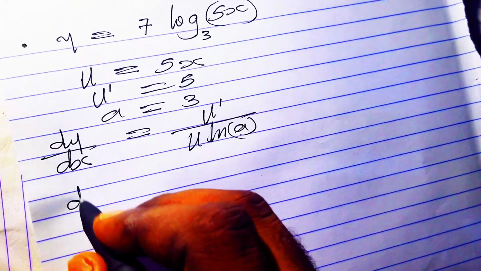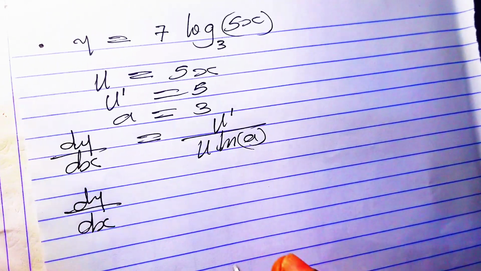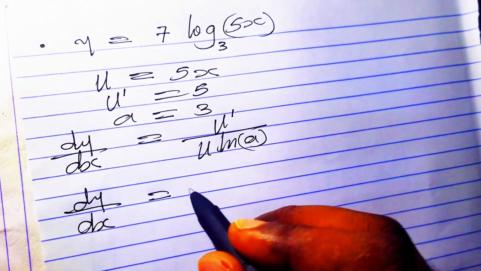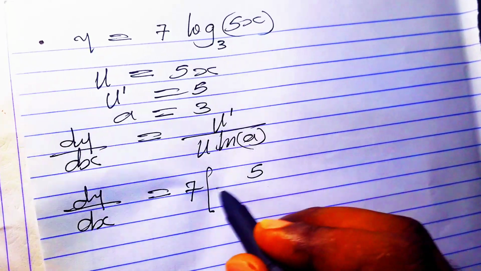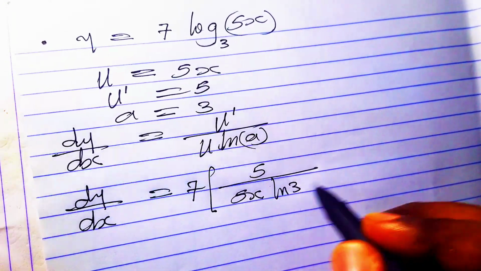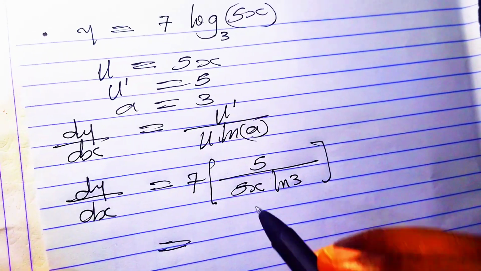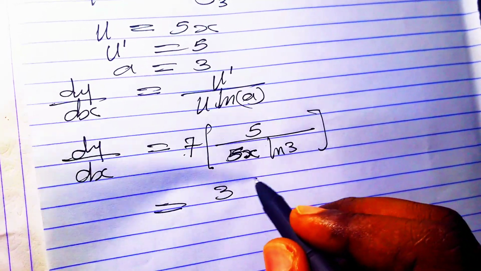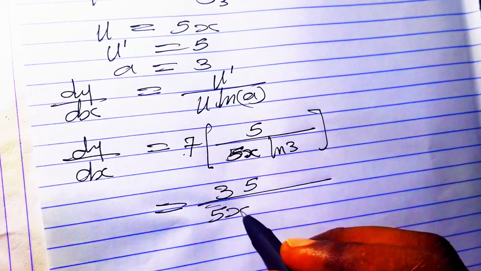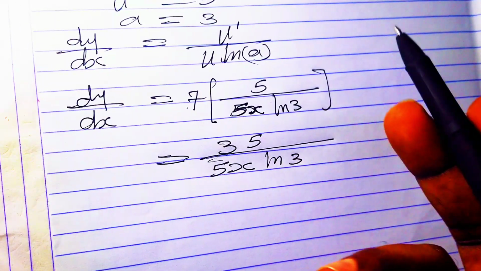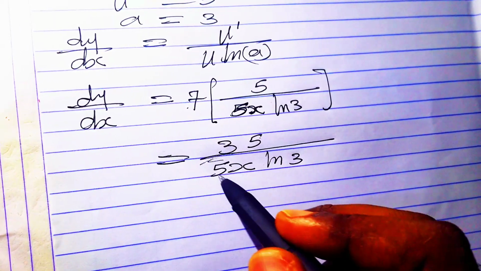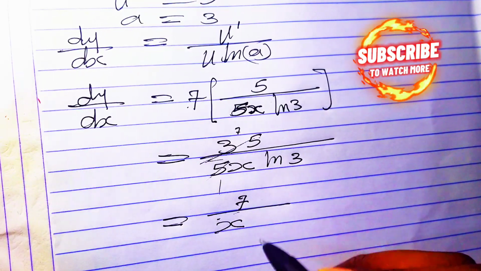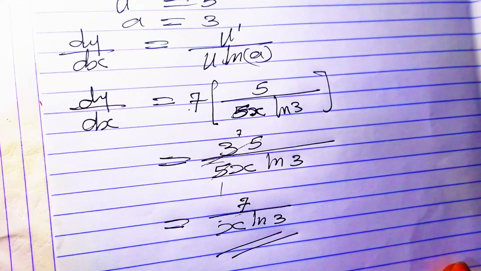And therefore, in this case, dy/dx equal to 7, since we have 7 as a coefficient, so it's going to be 7 in the bracket 5 over 5x ln 3. In this case, we can just write this as 7 times 5, which is 35, everything over 5x ln 3. And then if you look at it carefully, you can still use 5 to divide into 35. 5 here 1, 5 here, that's 7. And in that case, we have 7 over x ln 3. That is the answer to such a question.